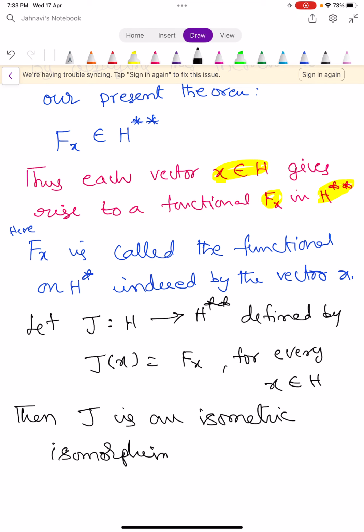So this is the complete application of our theorem from here to here.